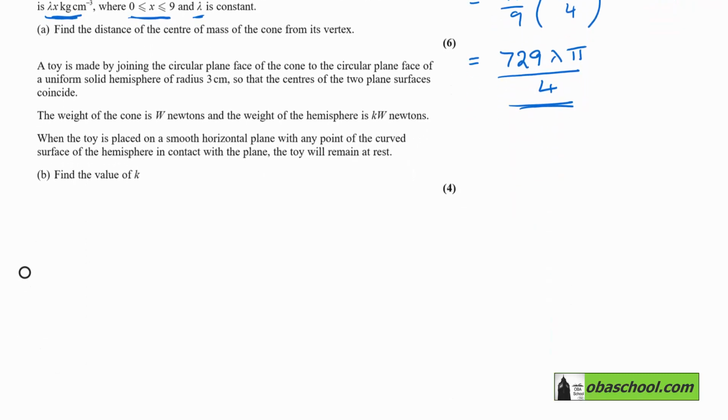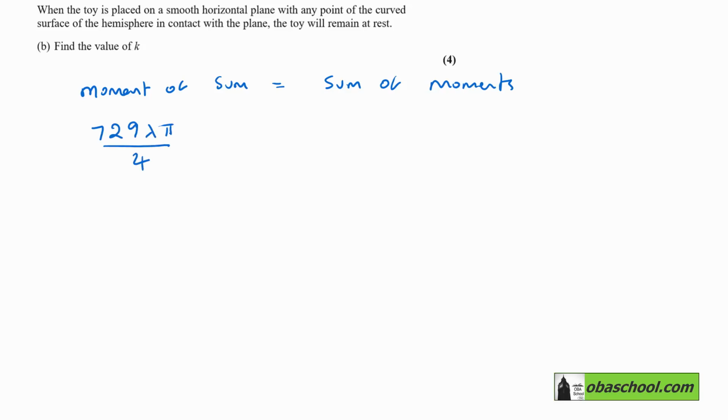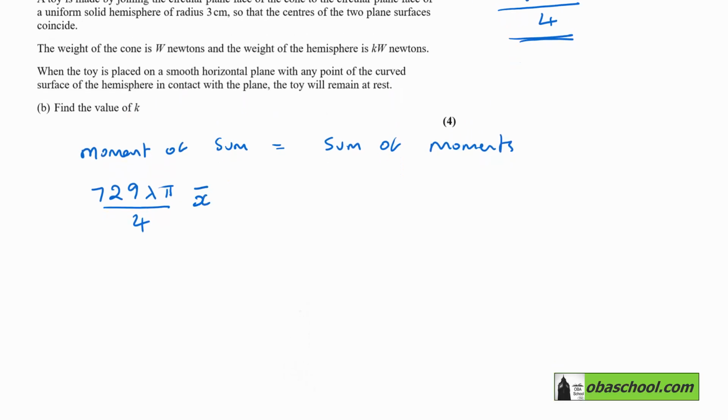Now, we need to use the fact that the moment of the sum is equal to the sum of the moments. The moment of the sum is going to be what we just worked out, 729 lambda pi on 4, multiplied by the position of the center of mass.